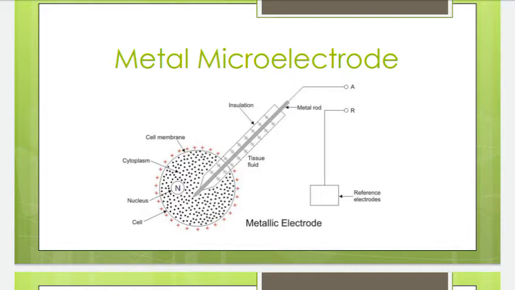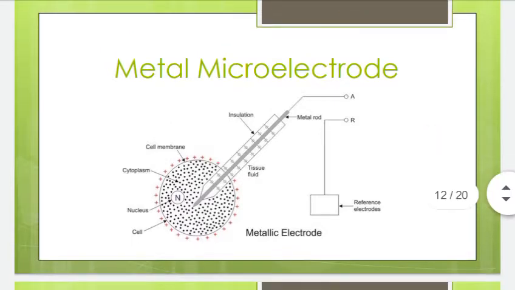From the figure itself, this portion is the cell. The cell consists of nucleus, cytoplasm and cell membrane, which constitute the cell. Outside the cell it is positive, and inside the cell it is negative. This is the microelectrode that we are placing inside the cell.